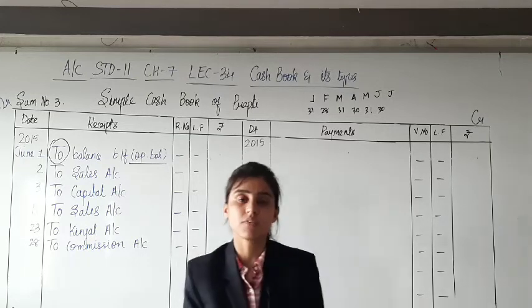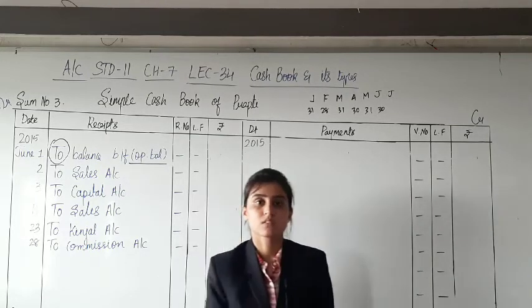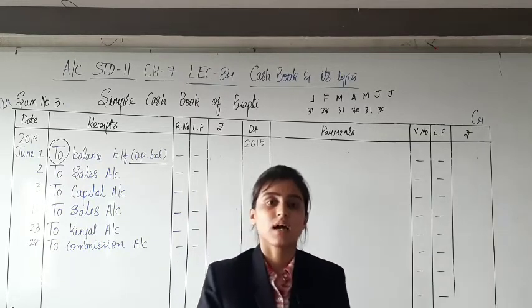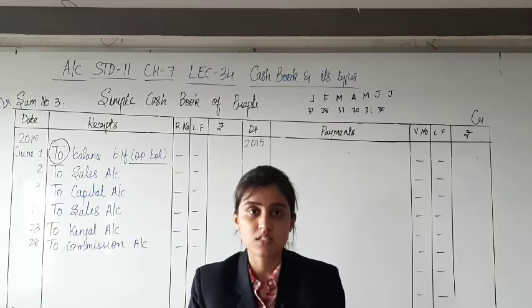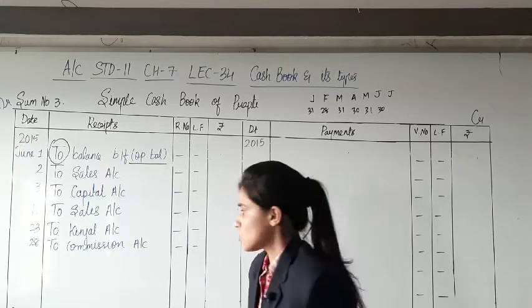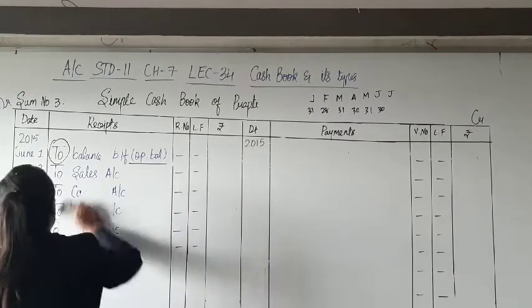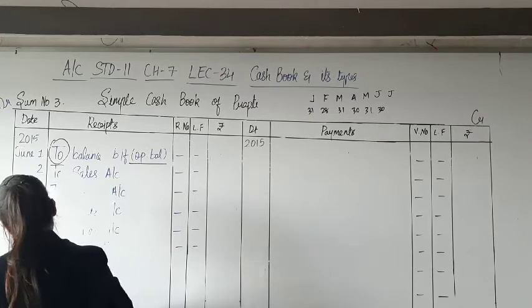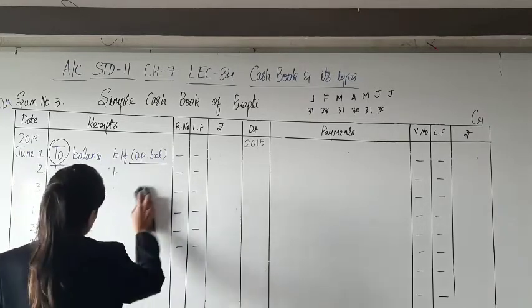In the journal entries also we were writing the discount. If it is received we used to debit, if it is given we used to debit, as per the expenses and incomes. So now the amount of discount that is received or given, we are going to record in the cash book.